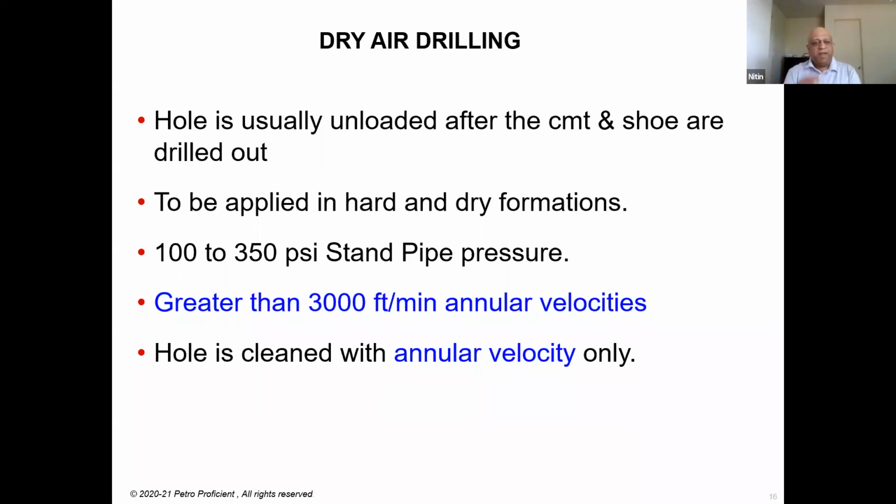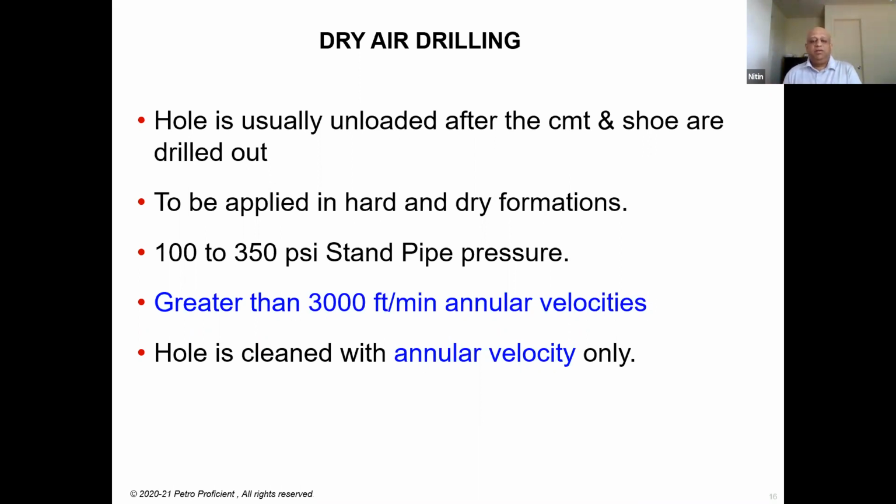And you will see these parameters. Usually annular velocities are very high, 3,000 feet per minute, and the hole is cleaned only with annular velocity. Now, you all might be wondering, how is the hole cleaned? We're talking about conventional mud, which has viscosity and density. The viscosity is used to suspend the cuttings.